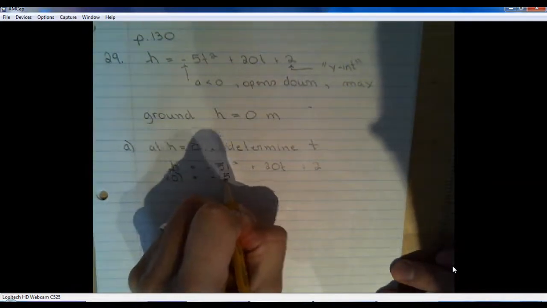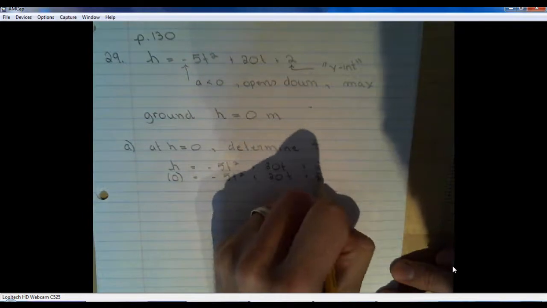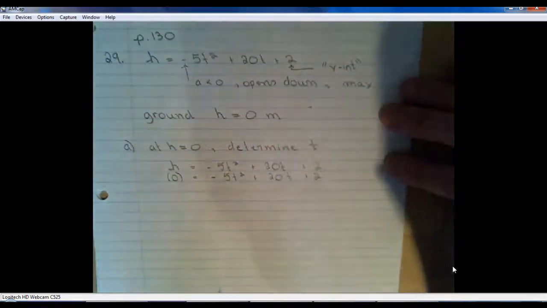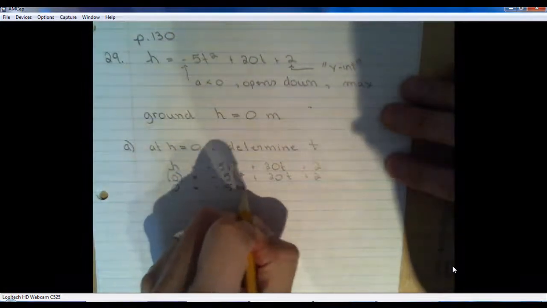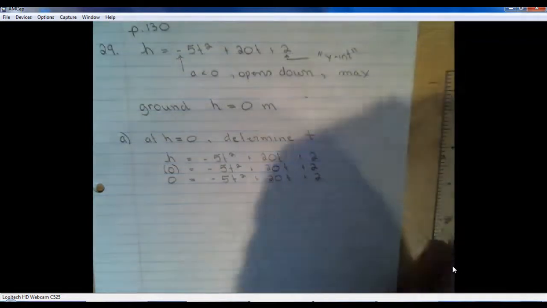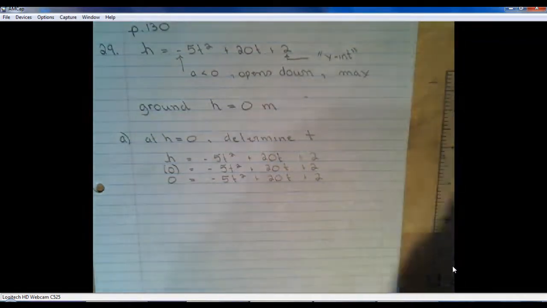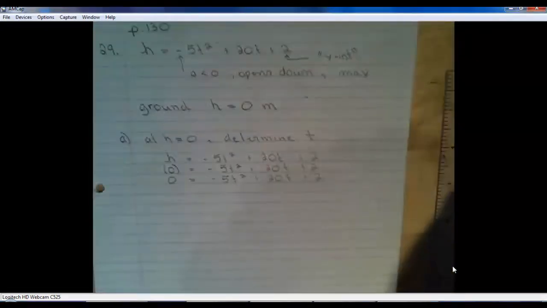Set h to 0. And we end up with a quadratic we need to solve. To solve a quadratic, we talked about a couple methods. We said we could factor this, or we could use the quadratic formula.